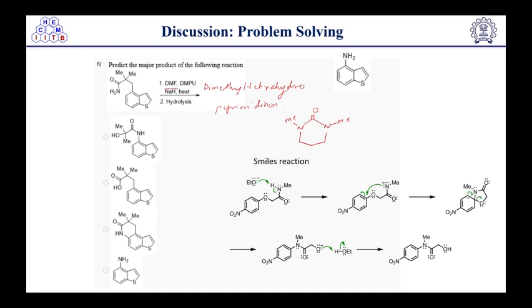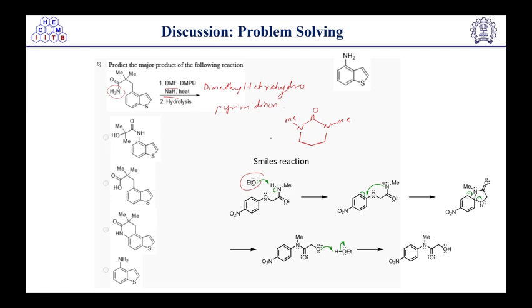So sodium hydride is a base, all of you know that. So it will abstract the proton. From where will it abstract the proton? We know that in our case we have a proton here, right? So it can abstract the proton from here, like ethoxide ion abstracting a proton, here hydride ion will abstract the proton.